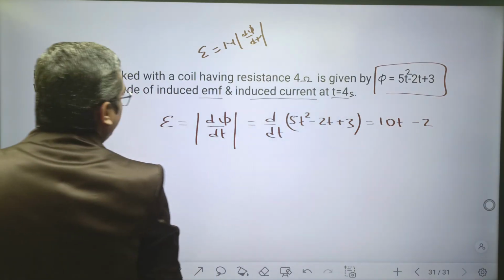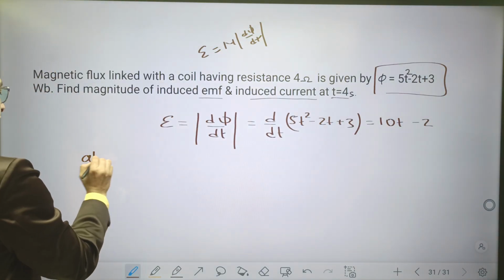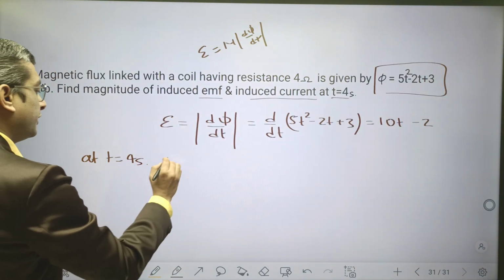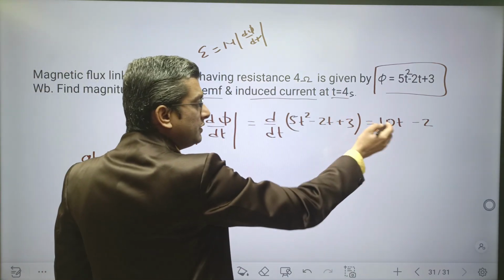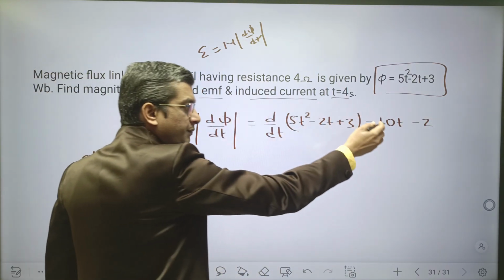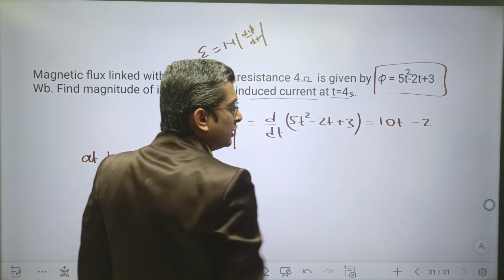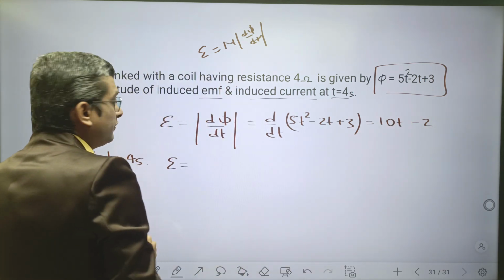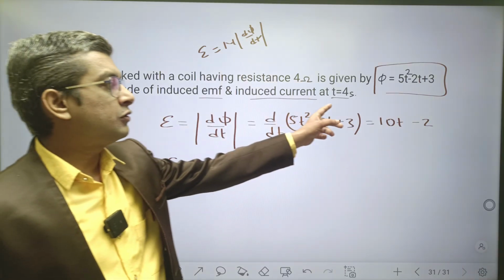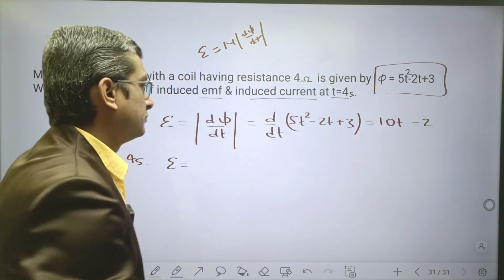So at t is equal to 4 seconds, the magnitude of induced EMF is given by, so this is the expression for E, that is EMF, which depends on time t. If you wish to find at t is equal to 1 second, then put t is equal to 1 here. Here we are asked to find EMF at t is equal to 4 second, so put the value of t as 4.